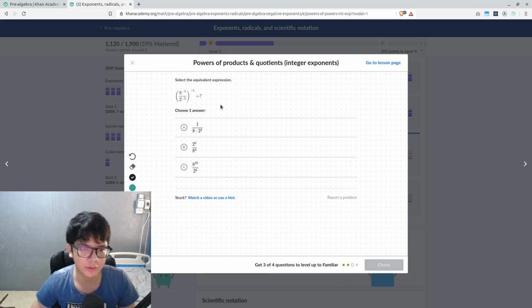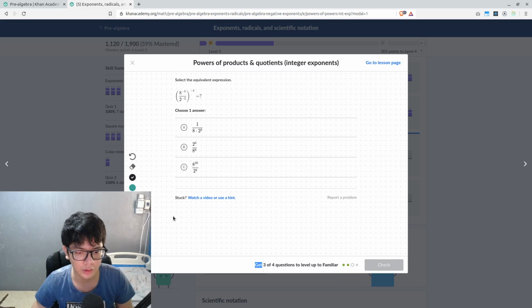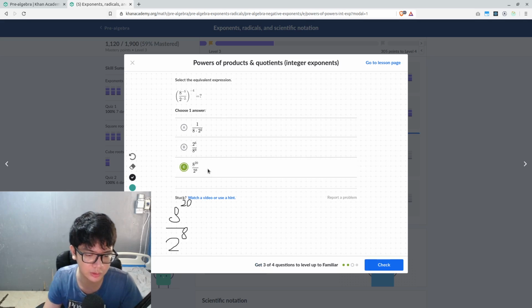Select the equivalent expression. That's going to be 8 raised to 20, and we have 2 raised to positive 8. Oh wow, this is actually it. I guess just one answer.